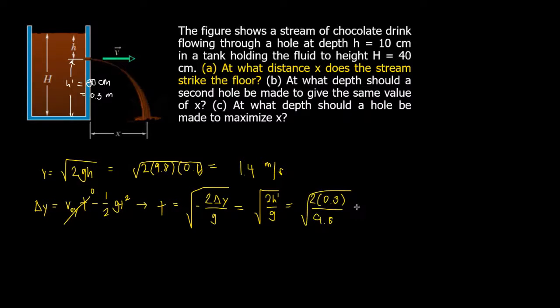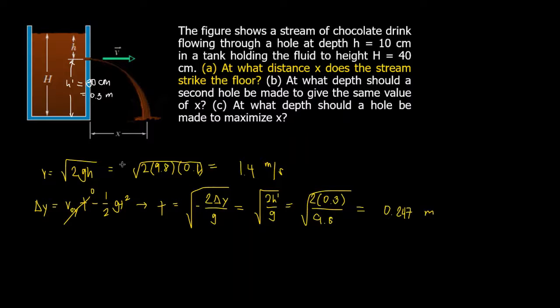Taking the square root, to find the time, t equals the square root of 2 times 0.3 divided by 9.8, which is 0.247 seconds. And now, what's next?